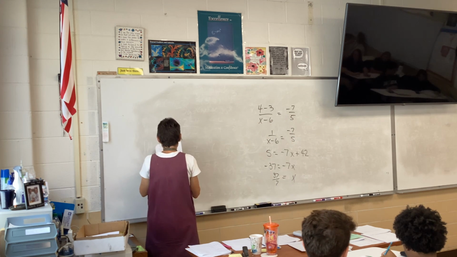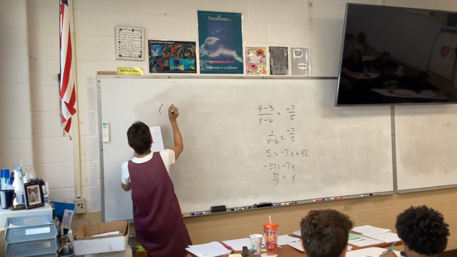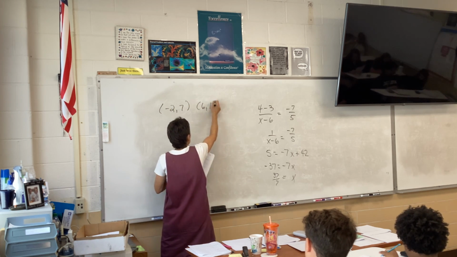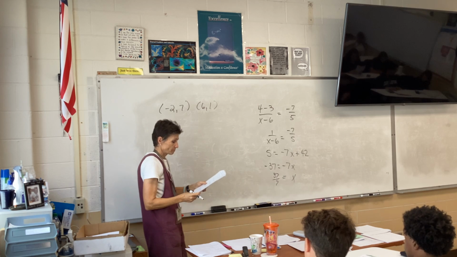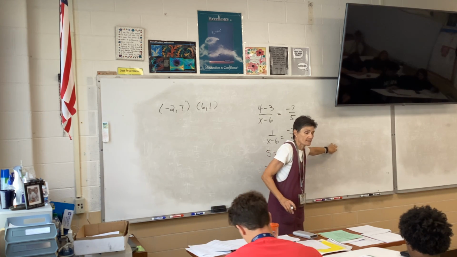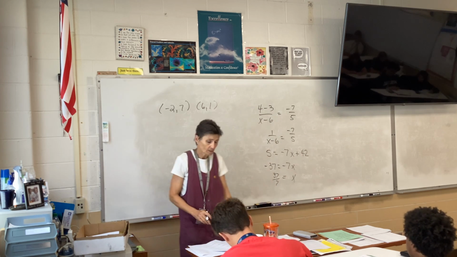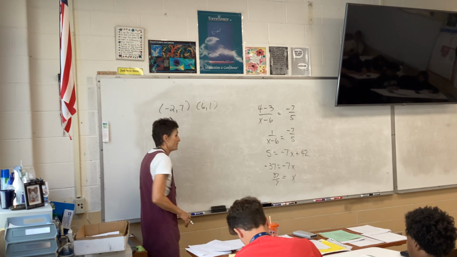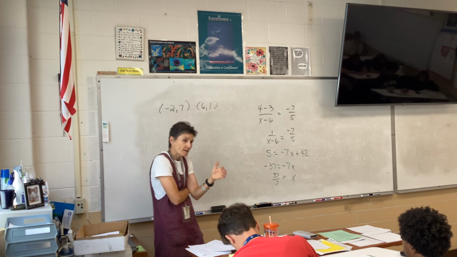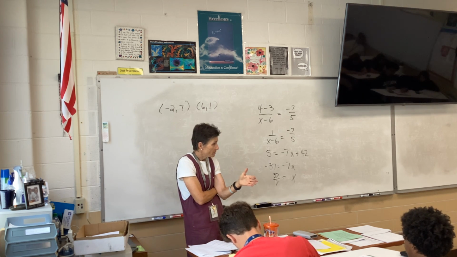All right, next, we want to write the point slope form of the line through these 2 points. I erased it, but we just reviewed what point slope looks like. What do we need to do? Find the slope. Kids, you cannot write the equation of a line without the slope.